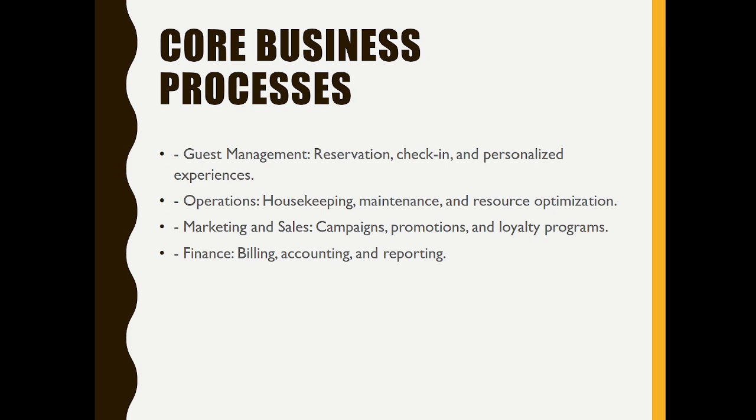The main business processes: the first one is guest management, the reservation, check-in, check-out, and personalized experiences. Then operations, housekeeping, maintenance, and resource optimization. Marketing and sales: campaigns, promotions, and loyalty programs, just like Hilton Honors.